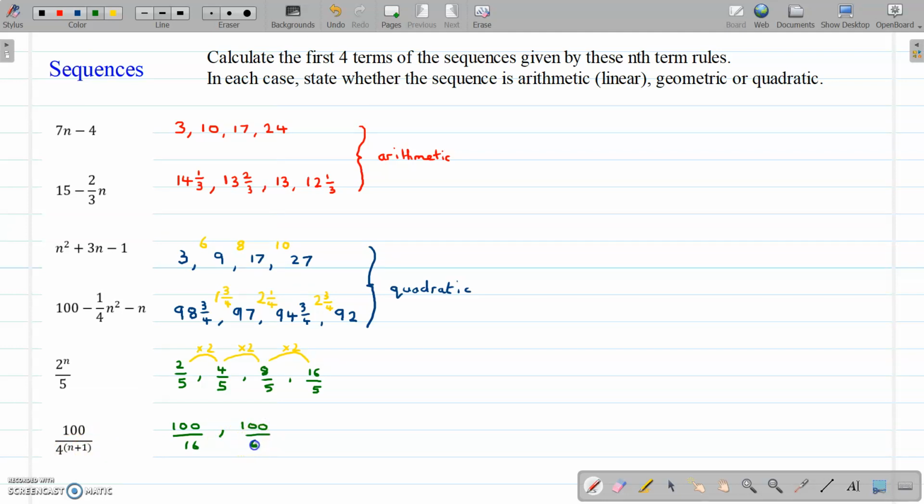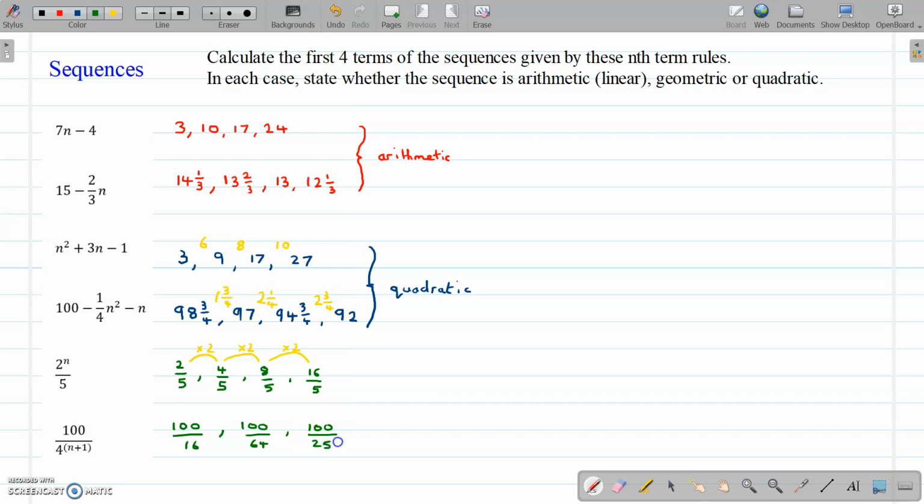And the next term is going to occur when n is 3, and it's going to be 100 over 4 to the power of 3 plus 1, which is 4 to the power of 4, which is 256. So it's 100 over 256.